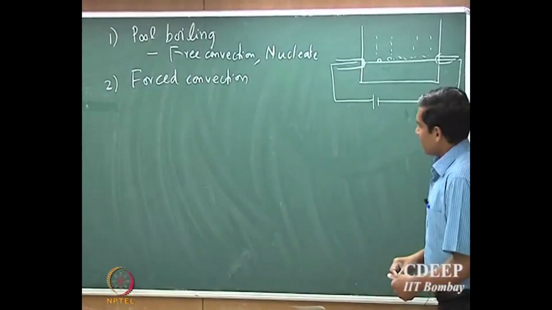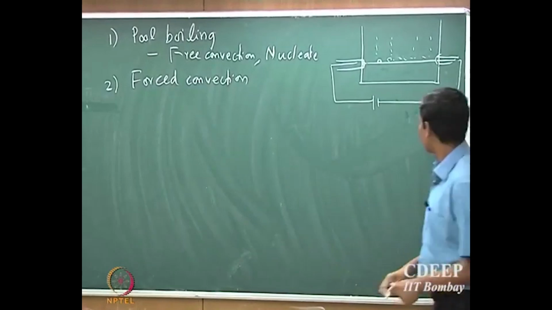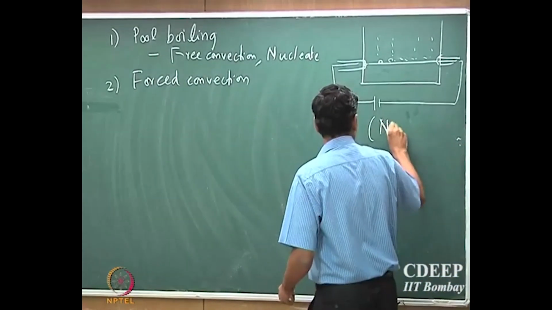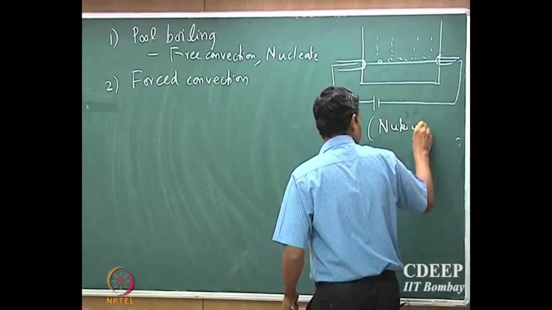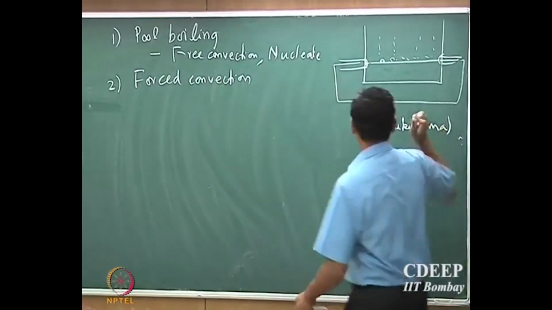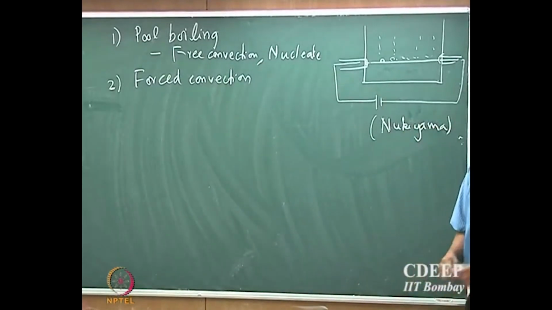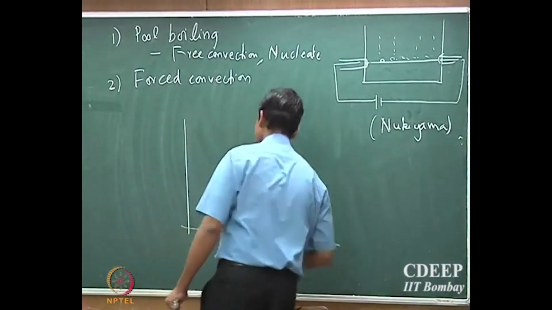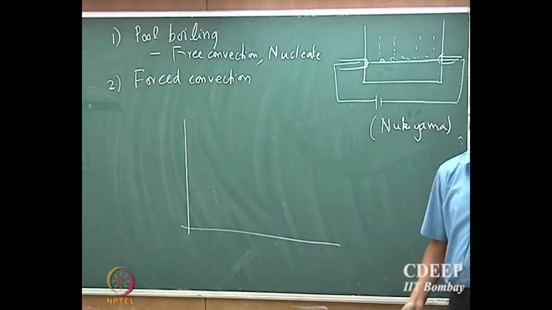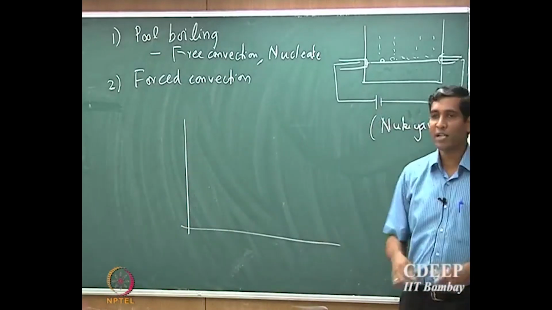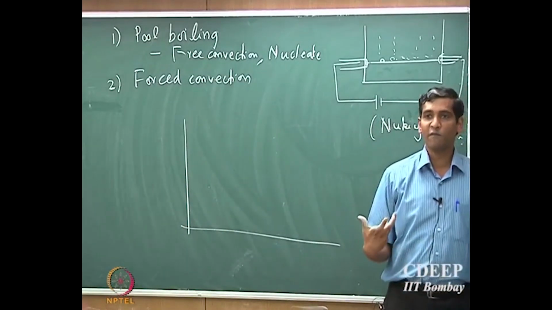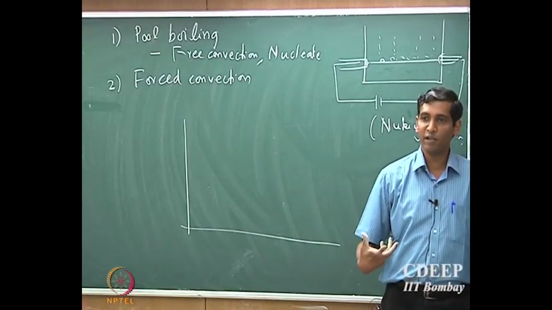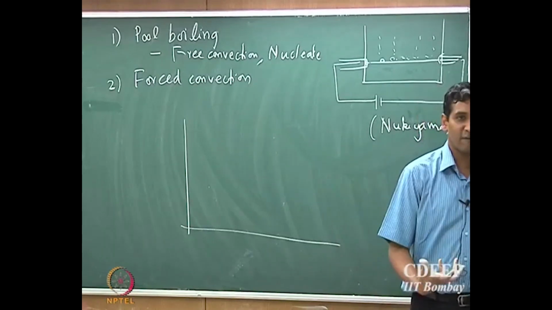So, this experiment was done by a person named Nukiyama. What he observed, because it is a very controlled experiment, is that you can find out the net flux of energy that was transported to the fluid.